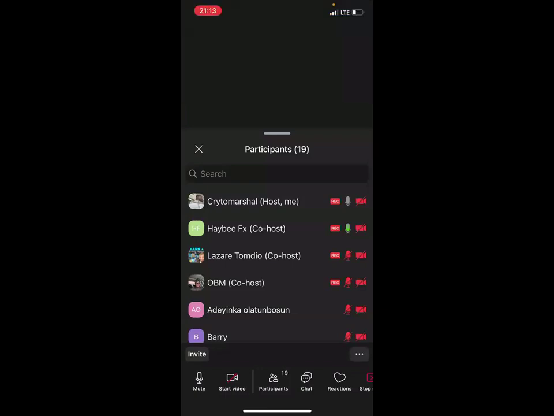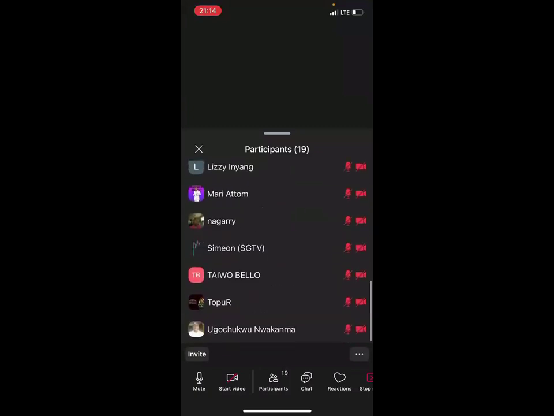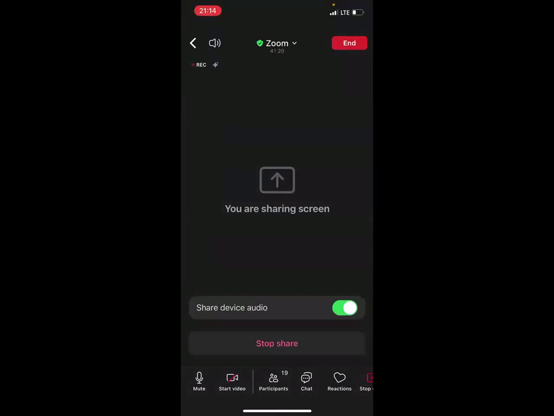Let me try and open my chart, so that as I'm talking, I can be more practical. I'm coming on screen. Please, do you see my screen now? Okay, you can see it now, right? I think I was still sharing my screen, that was why it's not showing.